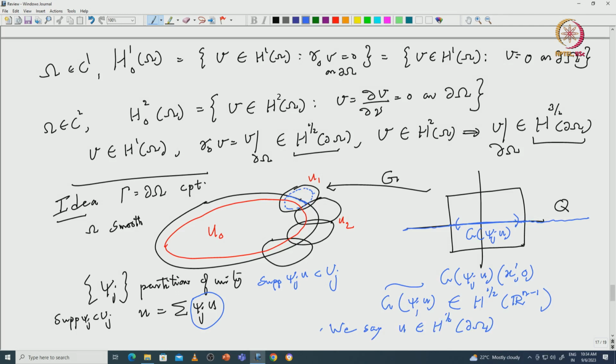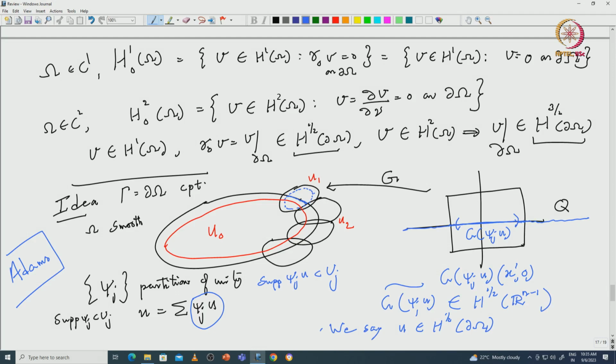This is one way of viewing the restricted boundary. But then there are different ways of defining fractional order Sobolev spaces. Probably you can see Adams or something like that, maybe other spaces. It is not very easy to define fractional order Sobolev spaces. Here we can somehow manage using the Fourier transform. How do you get that? Because you can't define the half derivatives directly.